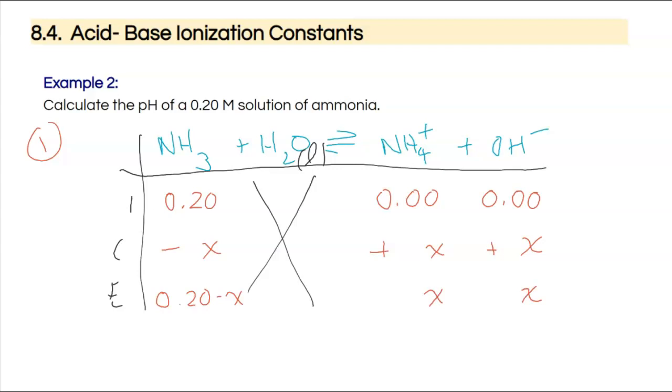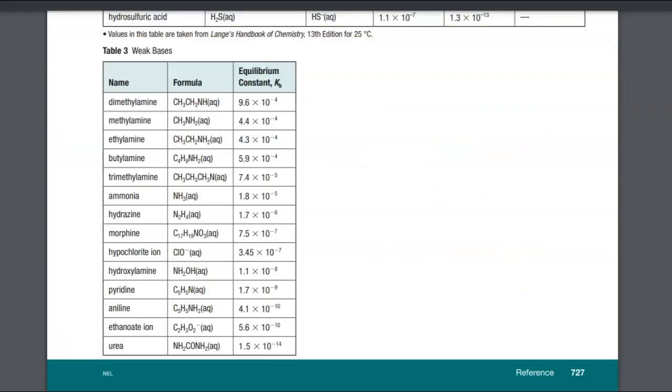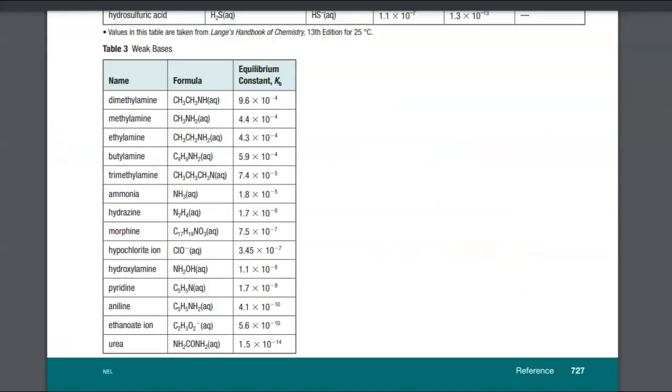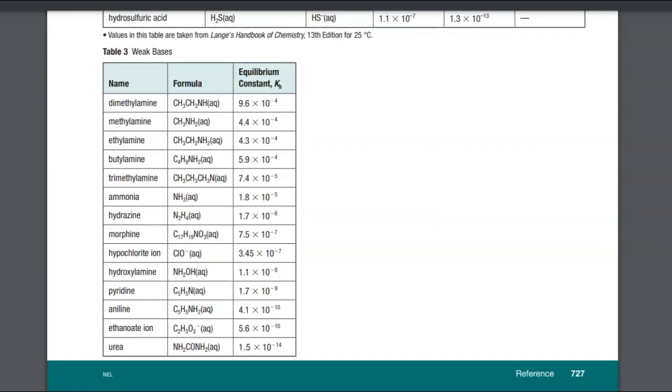And so now I'm just about all set. Now, you may have gotten to this point and gotten stuck, because it seems as though there's not a lot of information given in this question. Now remember the topic of this lesson is base ionization constants. So what I'm really hoping you knew to do was to go and take a look in the back of your textbook at the section entitled Weak Bases and look up ammonia.